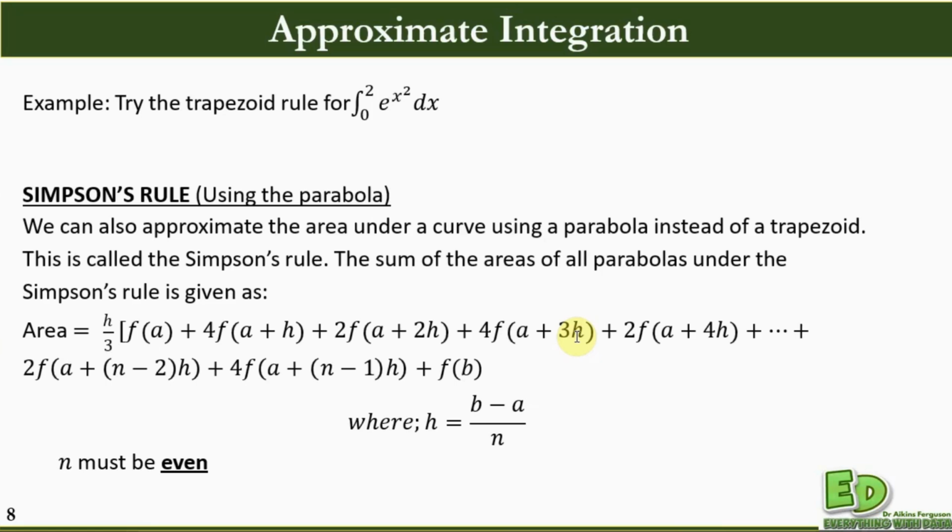When you get to the final value, it is multiplied by 1. Now, there is a condition that must be satisfied under Simpson's rule: the number of parabolas fitting under the curve must be even. So n should be an even number before you can use Simpson's rule.